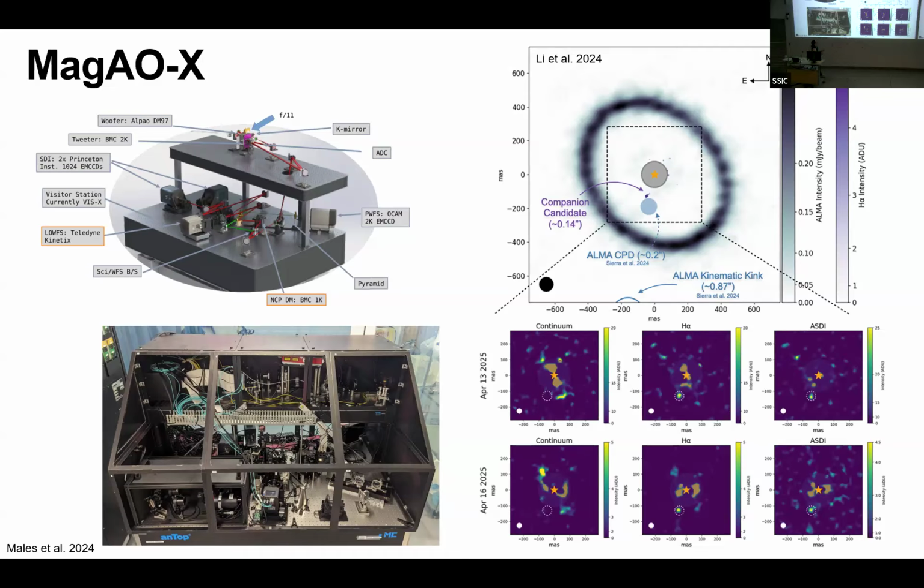And this is a cool recent result from Jialin Li, who's actually a grad student here, detecting an H-alpha bright companion, which you can see here and here, inside a gapped protoplanetary disk. And so there have been a lot of cool results coming out of MagAO related to planet formation physics, thanks to this observing mode.